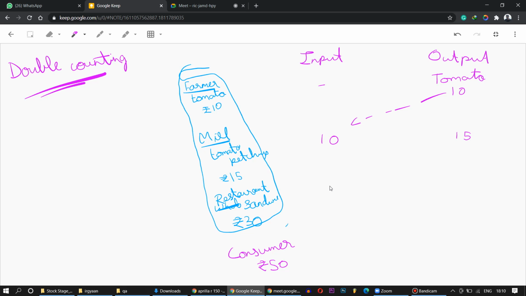And that is our ketchup. Now this ketchup is being used for 15 rupees, and after all of the things for bread, sandwich, and to make a sandwich, they are selling it for 50 rupees. Wait, can I use eraser?